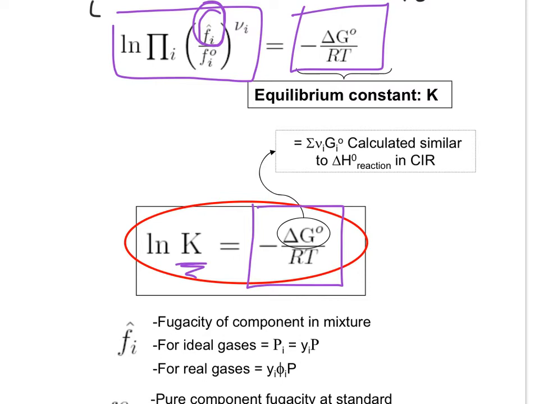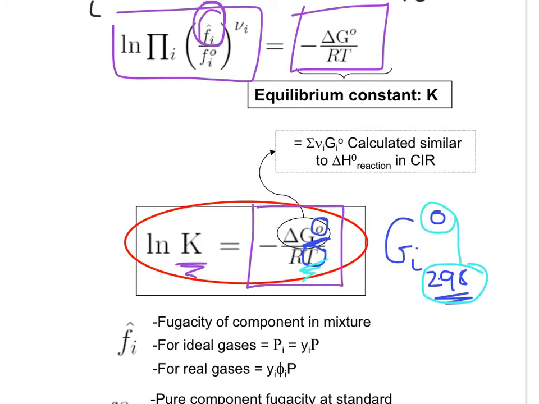So just to clarify, this temperature should be the same as the temperature referenced in the tables where you got the standard state values from. And for the tables that we are going to use in this course, it means that this temperature must always be 298 Kelvin, because we can find values for our standard state Gibbs free energy at that temperature.